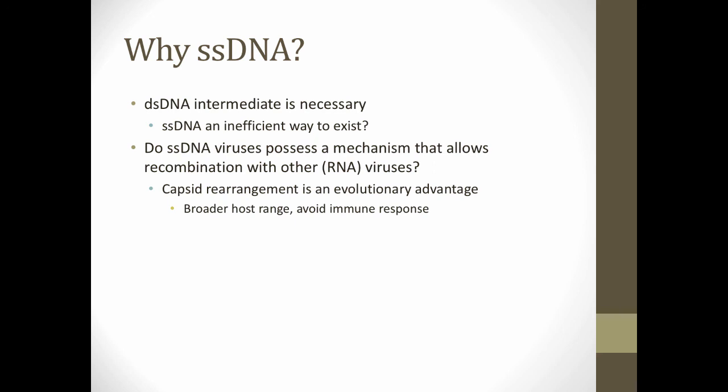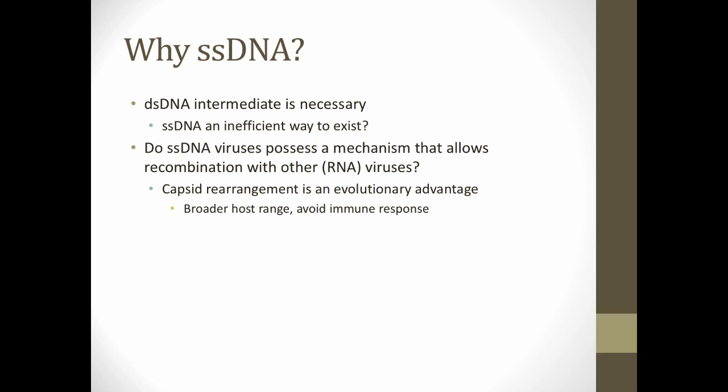Perhaps the cruciviruses offer one clue as to why this might be an efficient way to exist. Perhaps single-stranded DNA viruses possess a unique mechanism by which they can recombine with other viruses rapidly and quickly, particularly potentially RNA viruses. And by doing so, they're able to sample the landscape of stuff that's out there. Right? So if you can rearrange and obtain a new capsid, you can likely influence your host range.